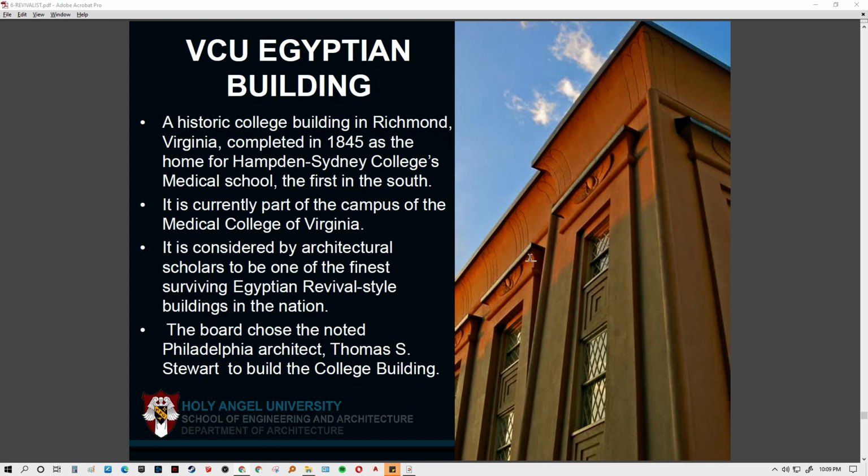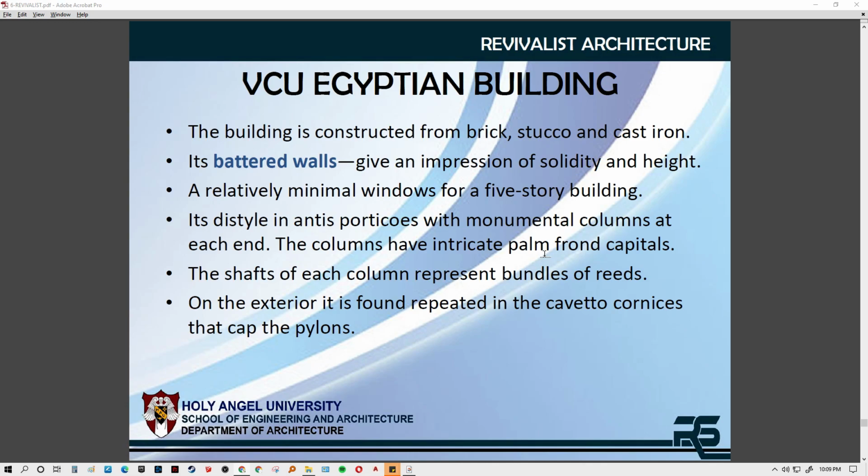So we all know that Egyptian architecture or Egyptian buildings or temples have fewer openings, and this is because of security purposes and the structural stability of the building itself. However, even though it is a 5-story building, it has minimal windows, and its porticos have the distyle arrangement of columns. The shaft of each column represents a bundle of reeds, as will be seen later.